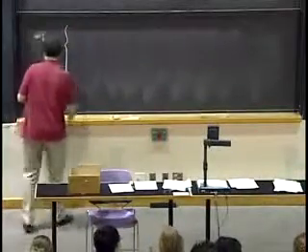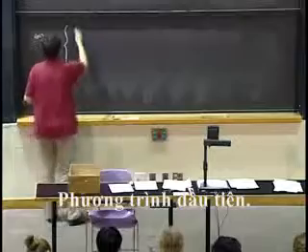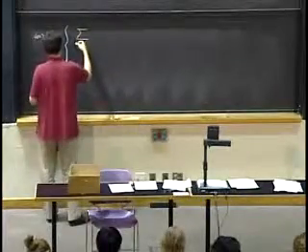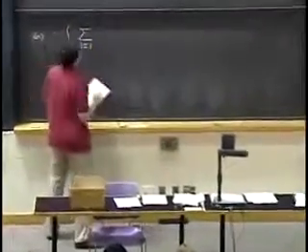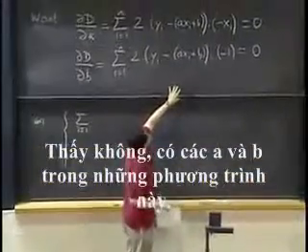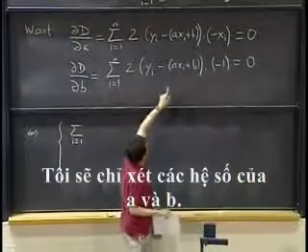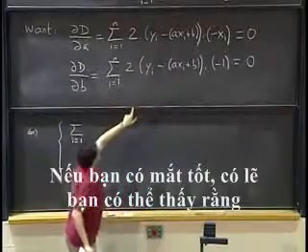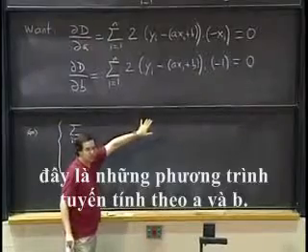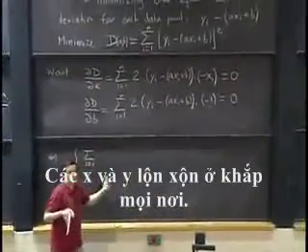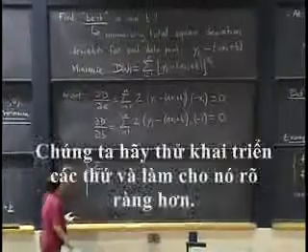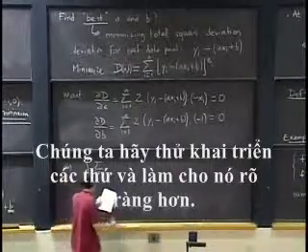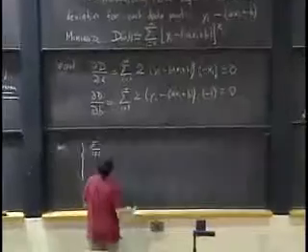See, there are A's and B's in these equations. I'm going to look at the coefficients of A and B. If you have good eyes, you can probably see that these are actually linear equations in A and B, although there's a lot of clutter with all these x's and y's. So let's expand things and make that more apparent.